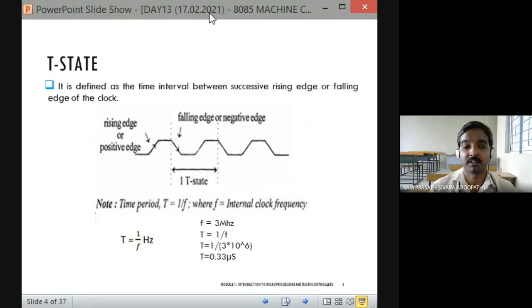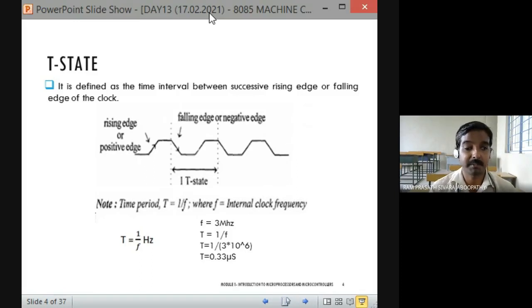You will be given some problem during your exam. You will be asked to calculate the T state, the time period of a particular clock pulse. What is the value of 1 T state, if the microprocessor is operating at this megahertz?